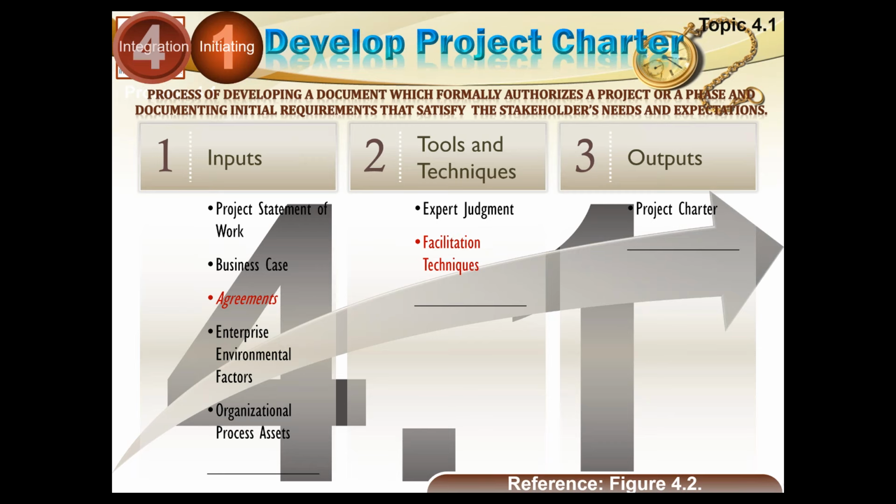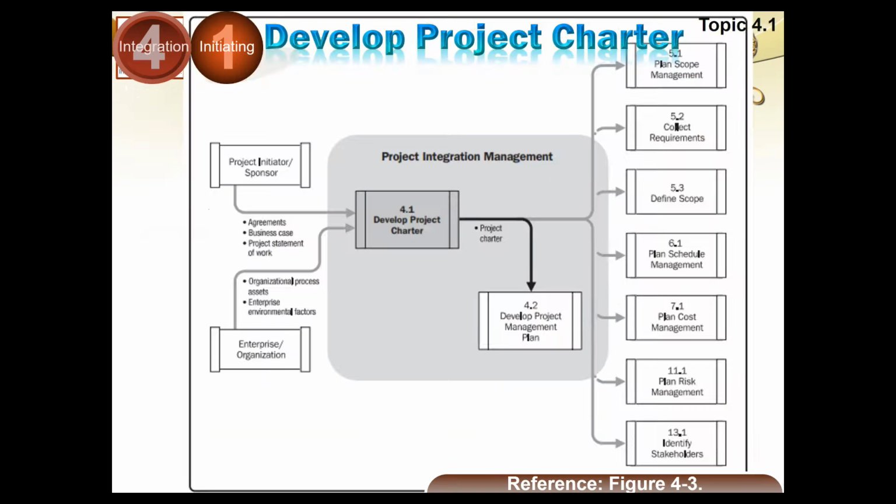We use expert judgment, of ourselves and of our fellow workers, our subject matter experts, consultants, whatever. We use facilitation techniques to ensure that we have facilitated all those who could contribute, and ultimately sort data out of them, and we end up developing this project charter.